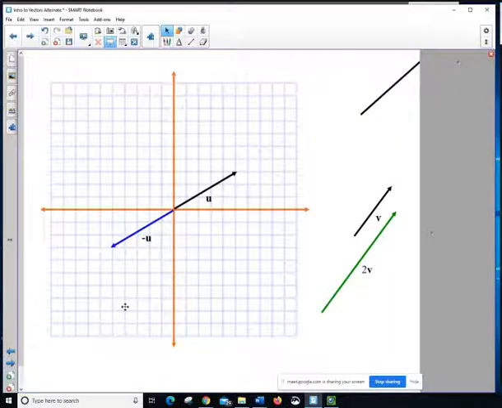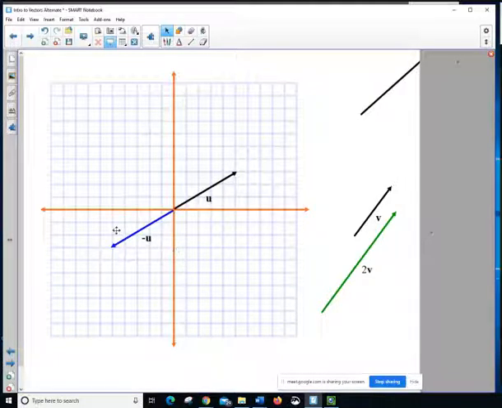If this is vector 5, 3, what does the opposite vector look like? Well, it's just a matter of taking the opposite of each individual component. My x component goes from 5 to -5, and my y component goes from 3 to -3.